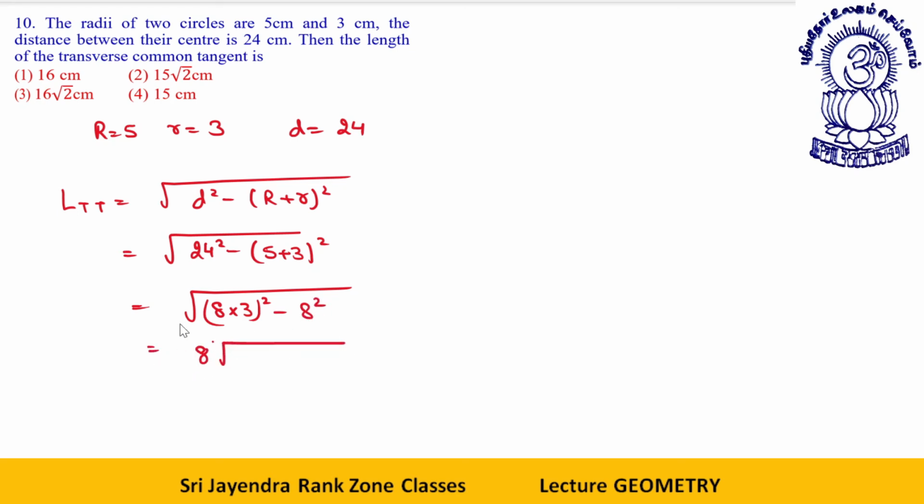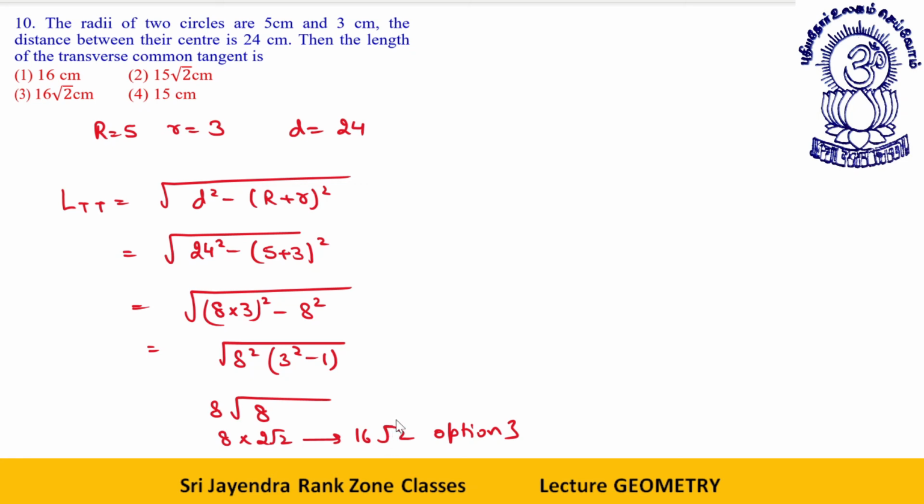I take 8 outside, if I take 8 square inside common, what it will be? It will be 3 square minus 1, or 8 comes out, 8 into under root 8, or I can say 8 into 2 root 2, that is 16 root 2. Do we have any such option? Yes. Option 3 is our answer.